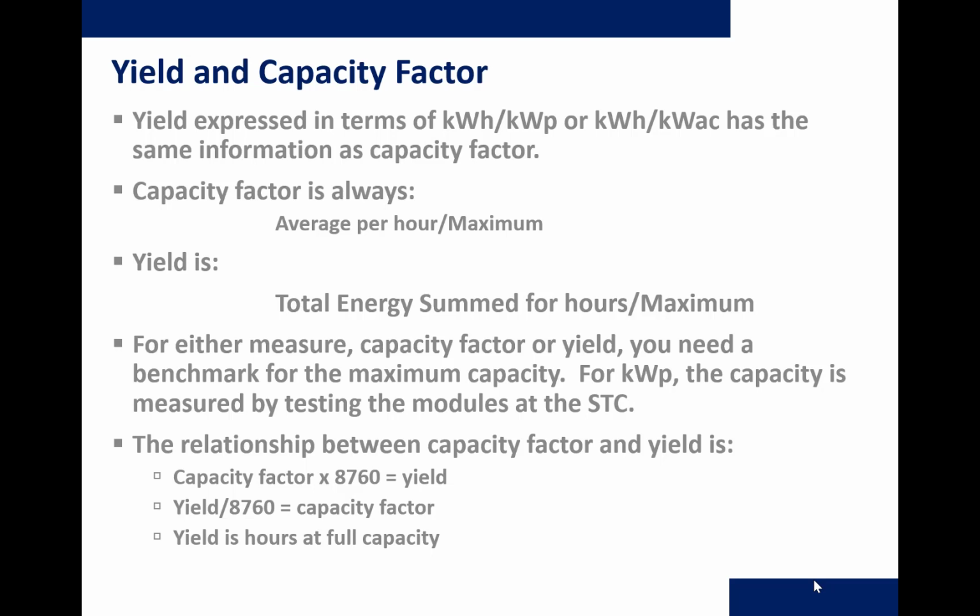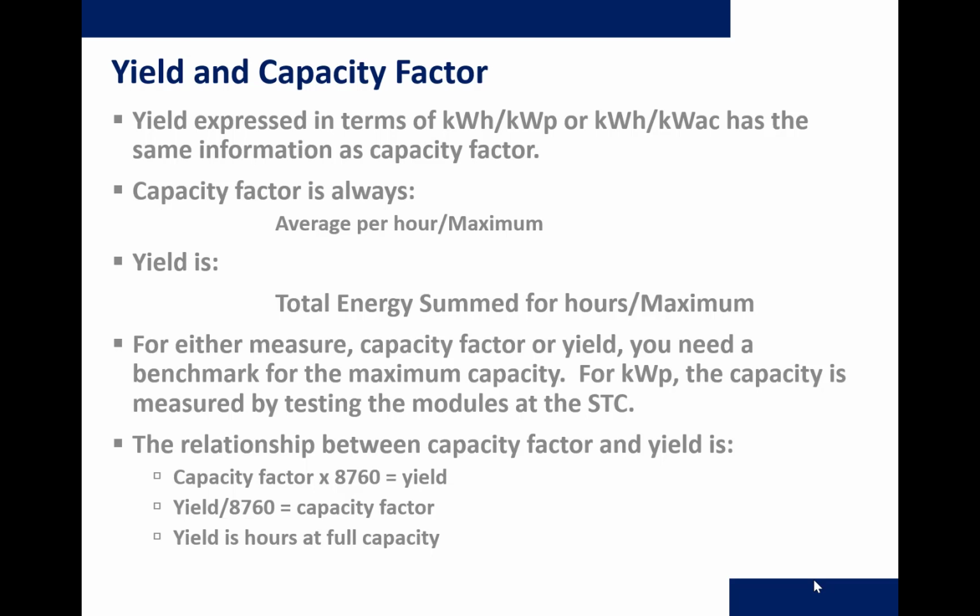The yield is you sum up the amount over all of the hours and then divide it by the maximum and you get the yield. Now, when you do that, you've got to remember this STC, standard testing condition business, and the maximum is an arbitrary amount.